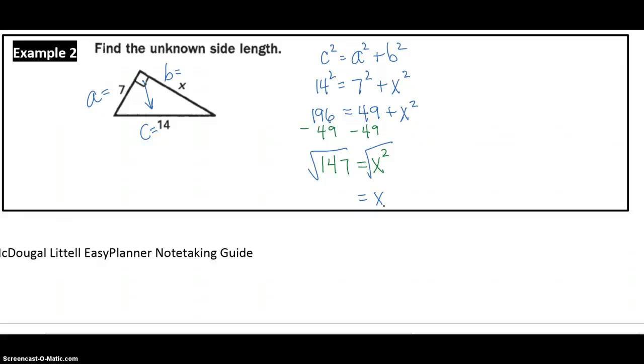So if you put this into your calculator, the square root of 147, and round to the nearest tenth, that means to the nearest one decimal place, what do you get? 12.1, what? 2. So we'll round that to 12.2. Questions on that? 12.2, just to one decimal place.